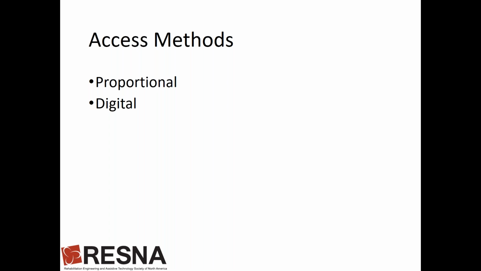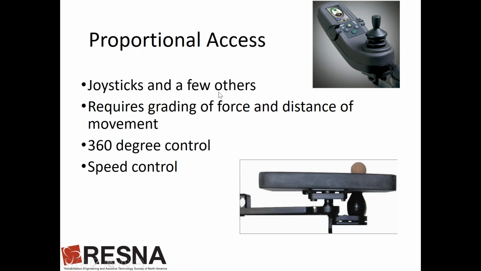Non-proportionate or digital is where you have a switch for forward, a switch for reverse, a switch for left, a switch for right. So a sip and puff would be an example of a non-proportionate. You do soft sip, hard sip, soft puff, hard puff, and it's breaking up the different directions. Here's my proportionate access.